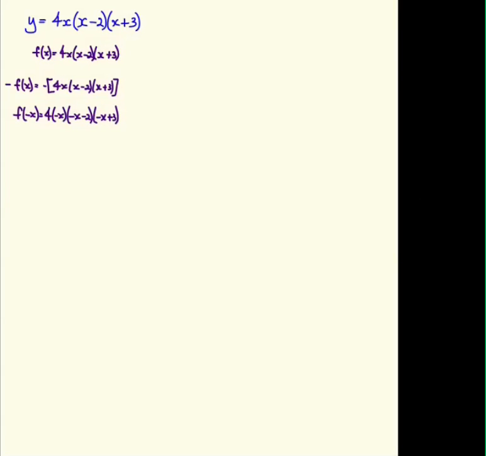Now we would probably need to tidy this up a bit to make it neater. 4 times negative x is negative 4x. But now we've got this bracket here, and it's minus x minus 2, so if I take negative 1 outside of the bracket, I make both those terms, and that becomes positive.